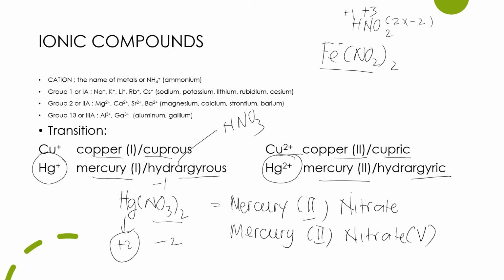So the name of this one is iron(II), because the Fe here is +2, and NO2 is -1. So the name is iron(II) nitrite, or nitrate(III), because the oxidation state of N is 3.